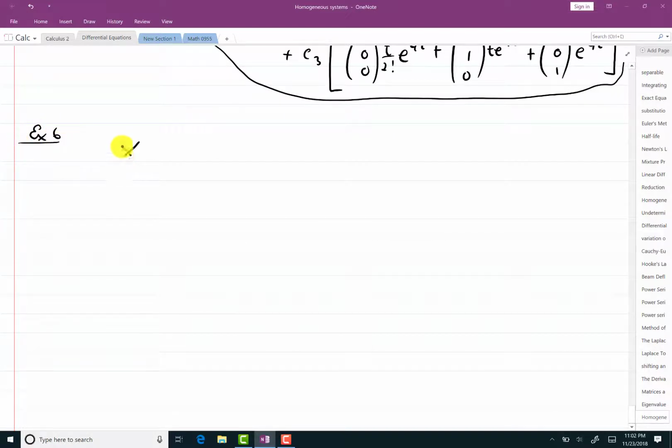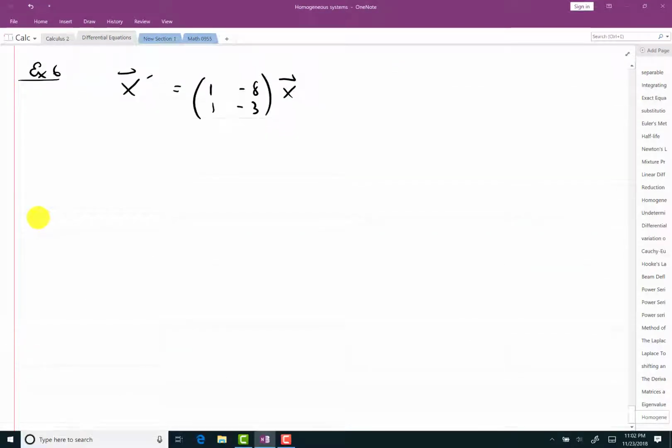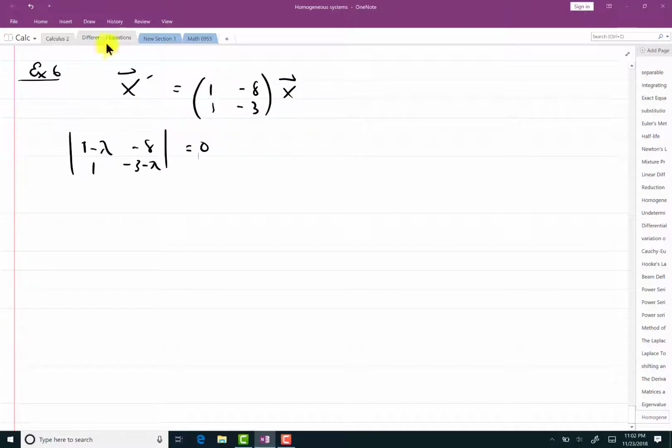Now let me pick one here that has non-real solutions for our eigenvalues. Here I have 1, negative 8, 1, negative 3, x arrow, and as usual let's go ahead and find our eigenvalues. So I have 1 minus lambda, negative 8, 1, negative 3 minus lambda, and we're setting that equal to 0. I do my cross multiplying, and I'll get 1 minus lambda times negative 3 minus lambda.